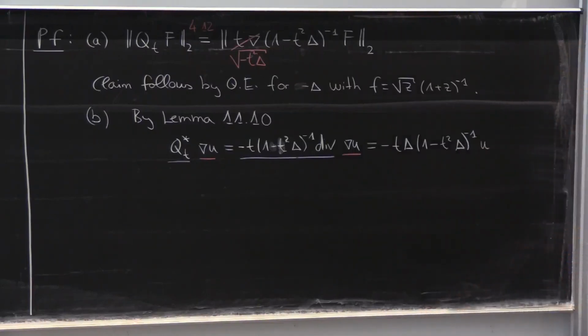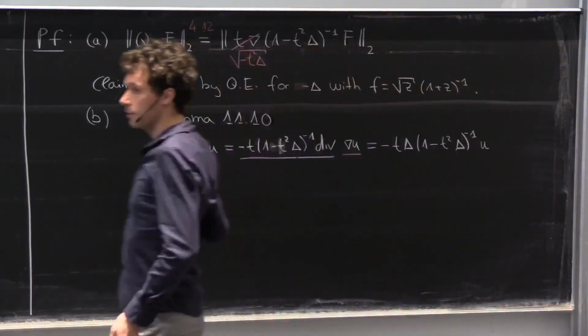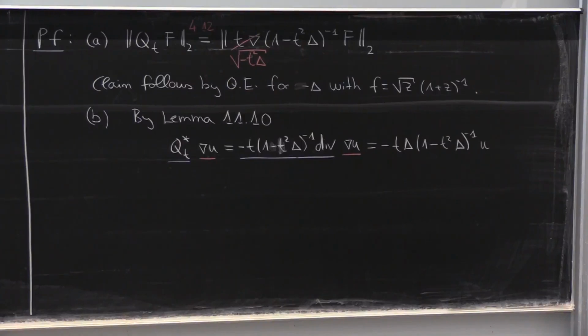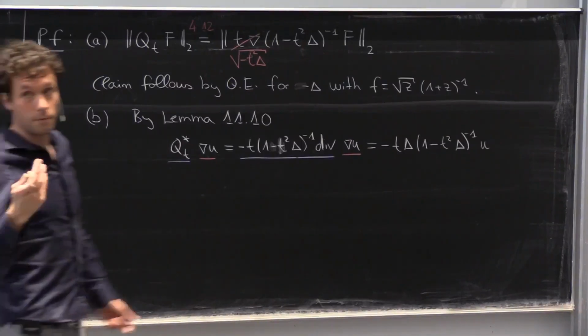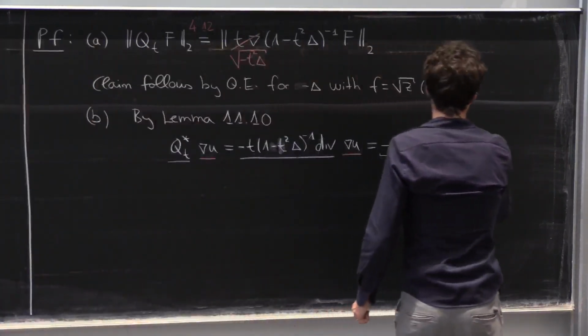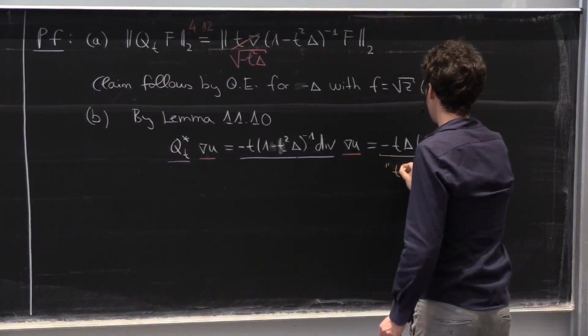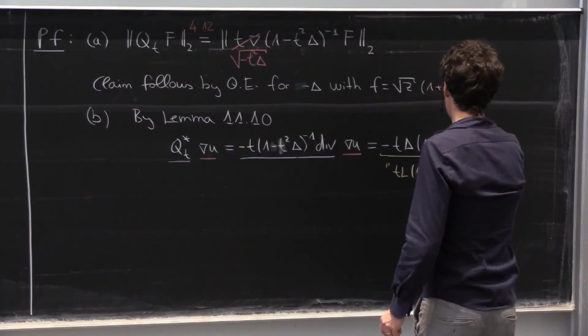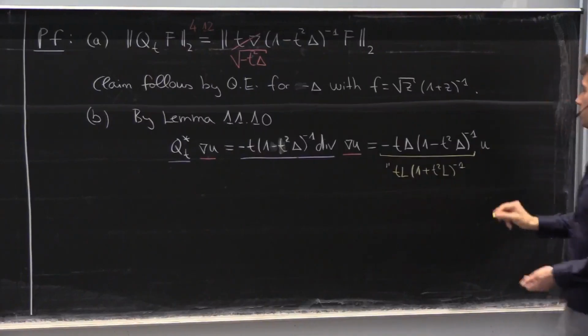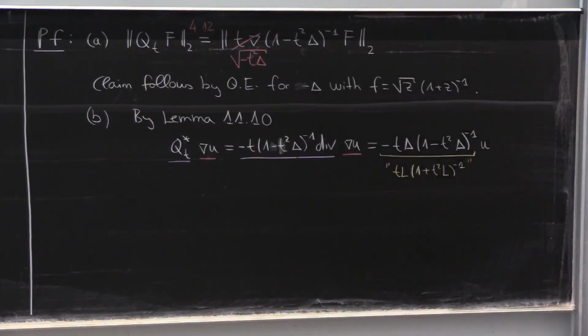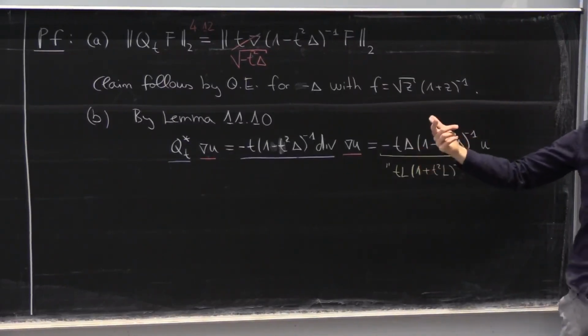So this is nothing else but minus t delta 1 minus t squared delta to the minus 1 applied to u. And now for this guy, we have to do a square function estimate. But in the shape of an operator L, this resembles tL 1 plus t squared L to the minus 1. So for the operator L, this is precisely the square function estimate I want to prove. This is where I started this morning from. But for the Laplacian, I already know the Kato property.